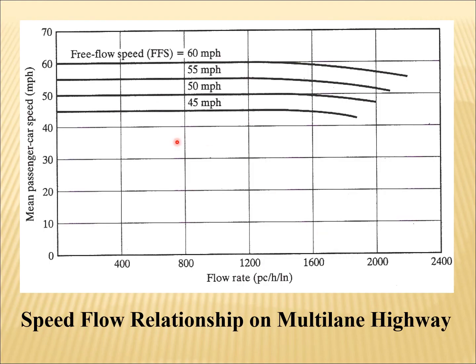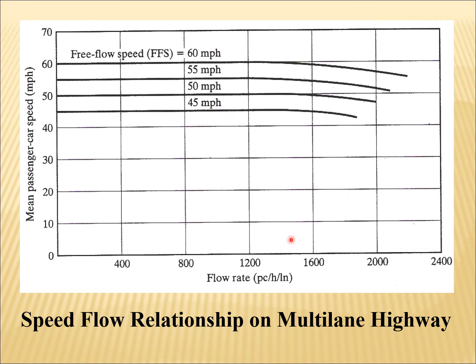Now look at this one. This is the mean passenger car speed in miles per hour, and you can see that we are having the free flow speed of 60 miles per hour over here. Here the 55 miles per hour, 50 miles and 45 miles per hour. Why?